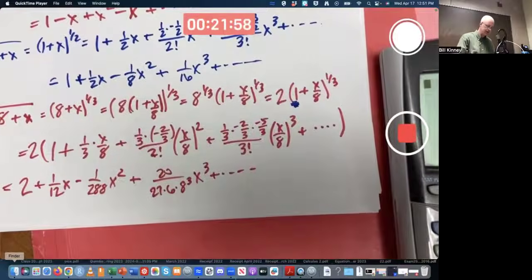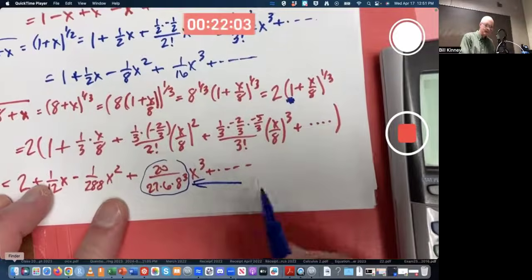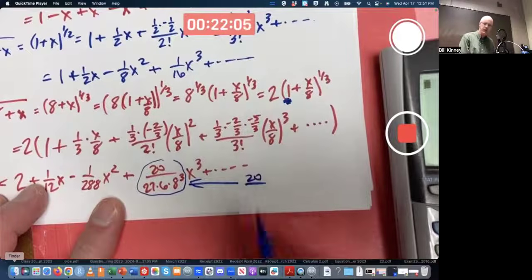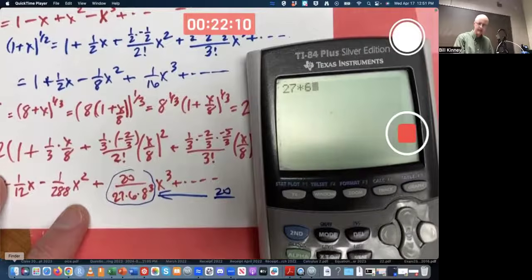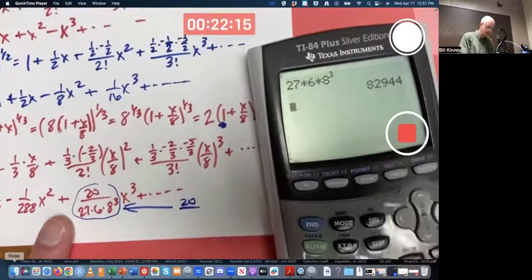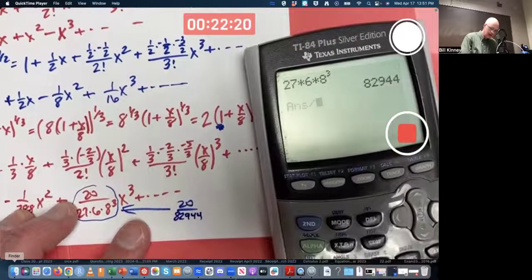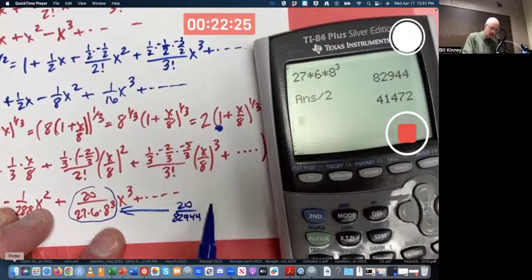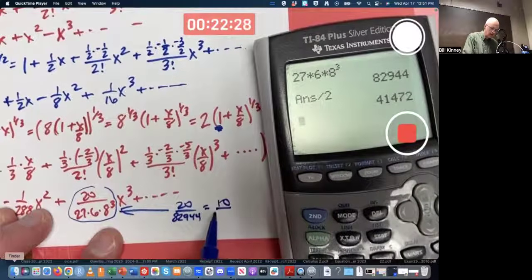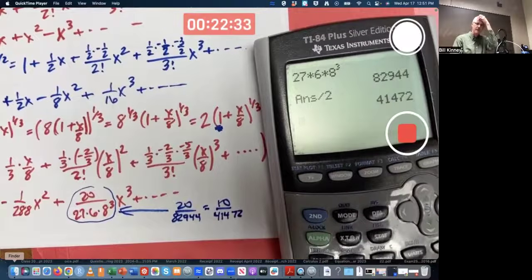And let's now just simplify this fraction by itself. That's 20 over what? Some huge number. 20 over 27 times 6 times 8 to the 3rd power is 82,944, which is divisible by 2. So that fraction can be reduced, it looks like, to 10 over 41,472. Did I make a mistake, or is that right?